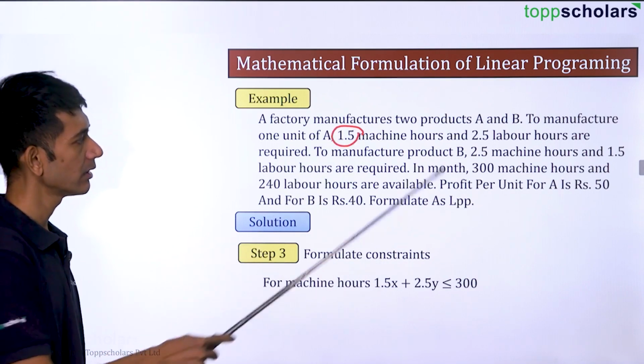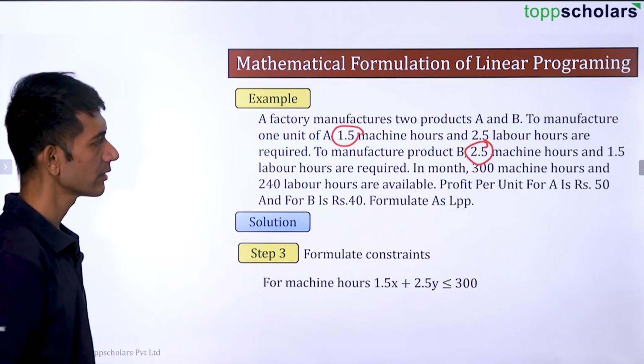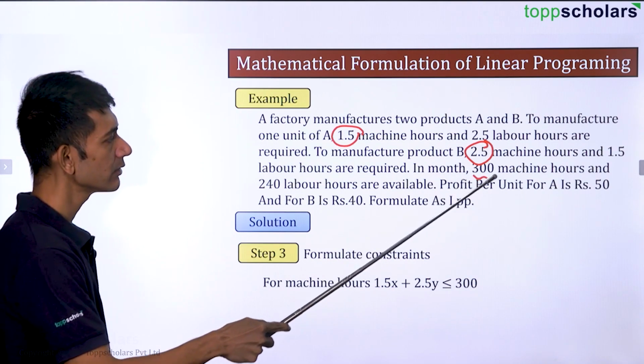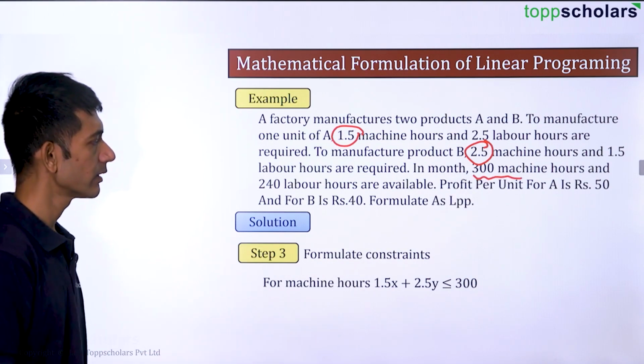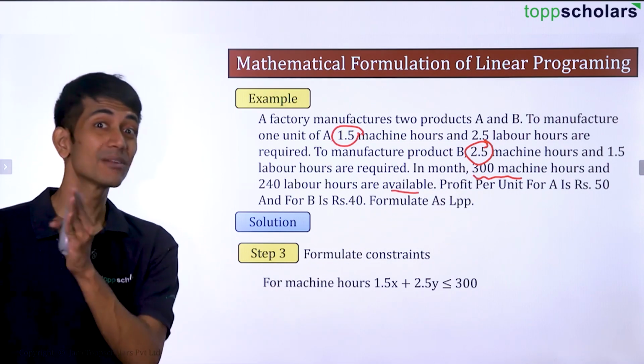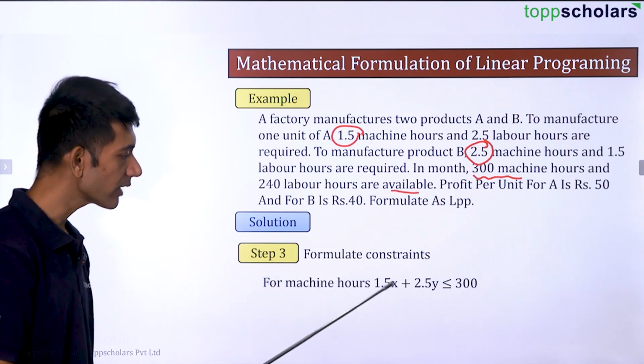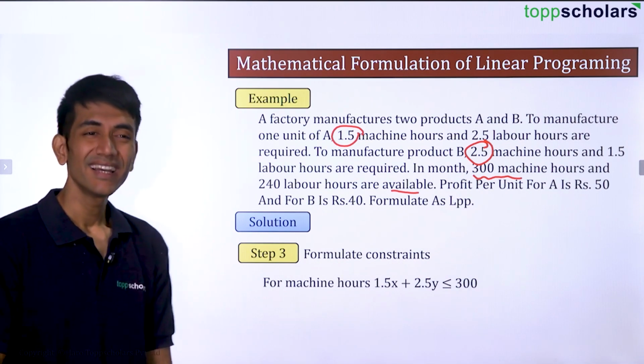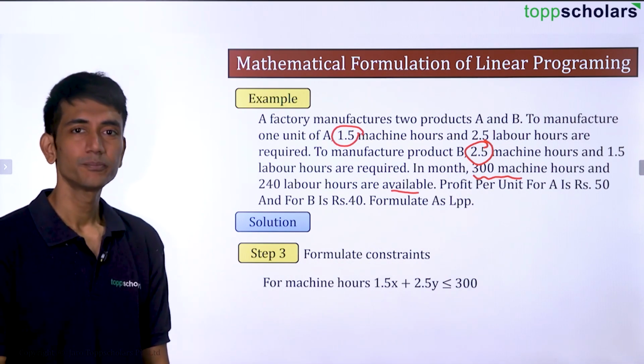1.5 machine, 2.5 machine, and in a month, 300 machine hours are available. So maximum 300 are available. So can I say 1.5x plus 2.5y is less than equal to 300?